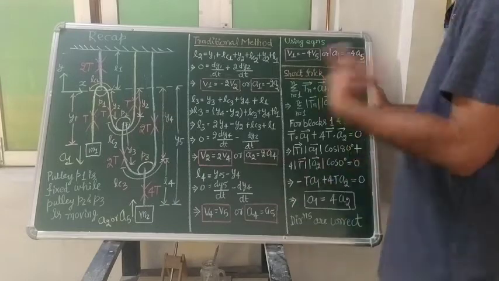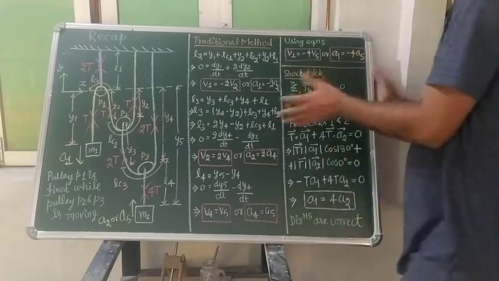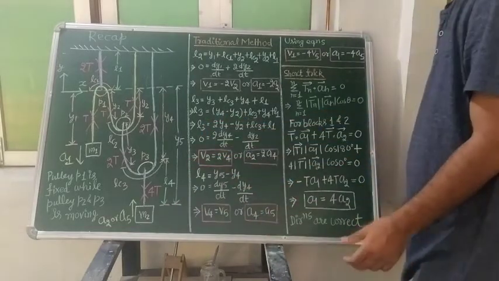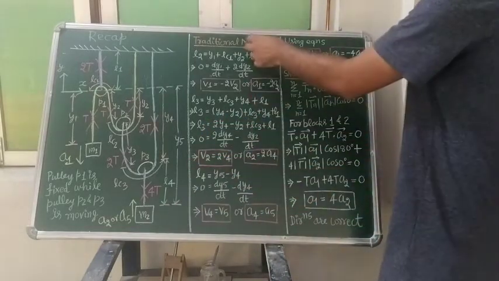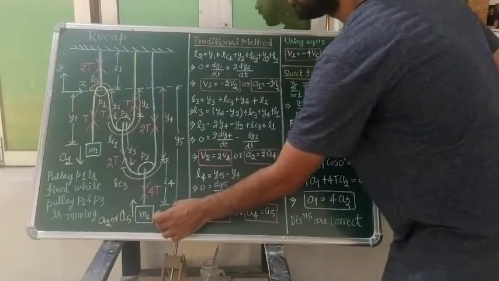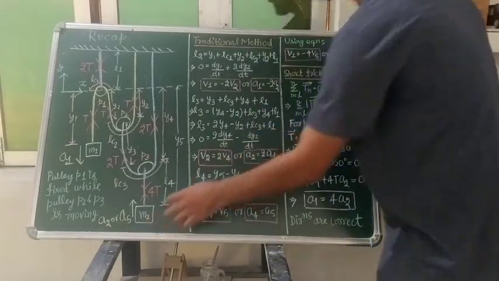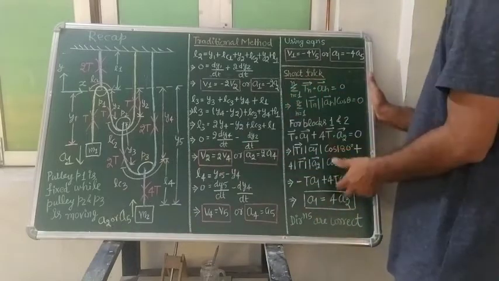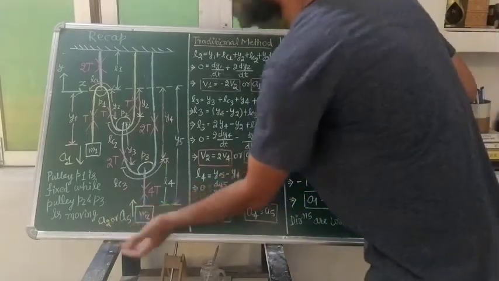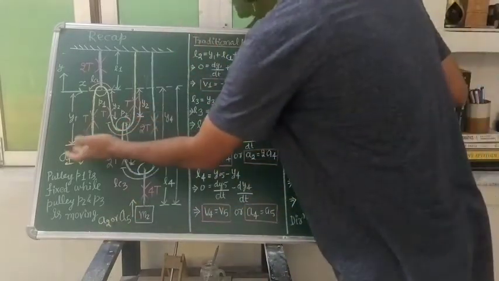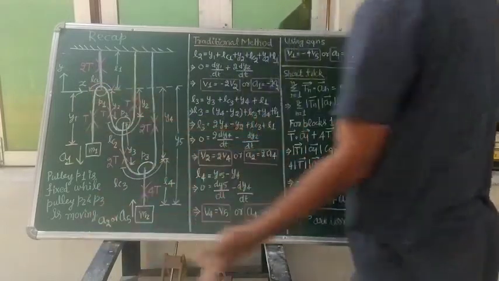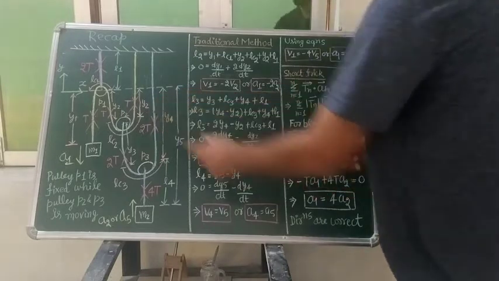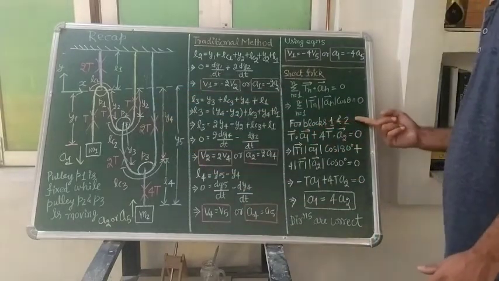Since I had come to know that it will be in the opposite direction, that is why we have assumed it in the opposite direction. Obviously, for the traditional method, the acceleration of this block was represented by A5. Here we are assuming the acceleration A2 which is upside, and here we are assuming the acceleration A1 which is downside. So now we will apply this trick for block 1 and 2.